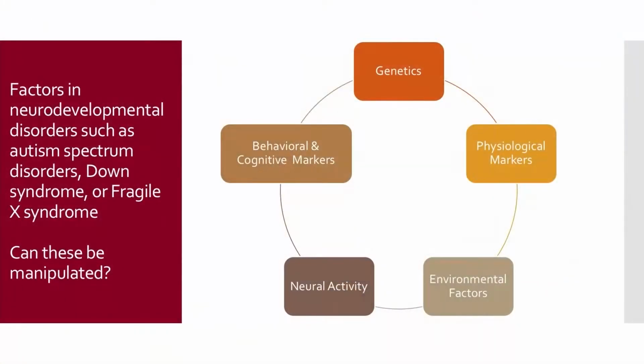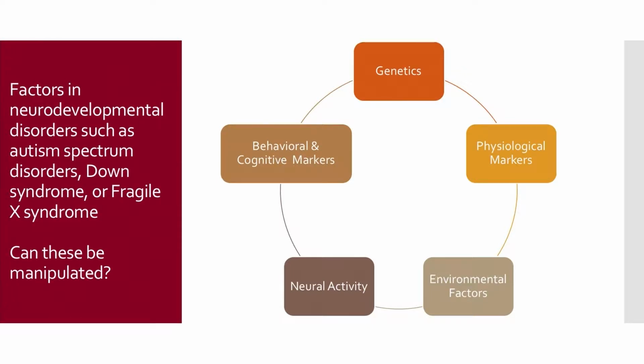Okay. So we know that there are several factors involved when you're looking at individuals who have neurodevelopmental disorders, such as autism spectrum disorders, Fragile X syndrome, Down syndrome. It could be something involved with physiological markers. Some of you may be familiar that an individual who has Down syndrome has a significant ear shape and spacing of the eyes.